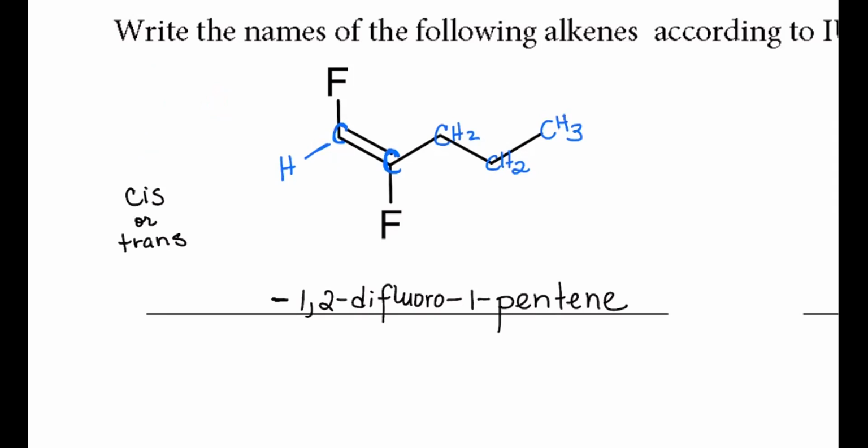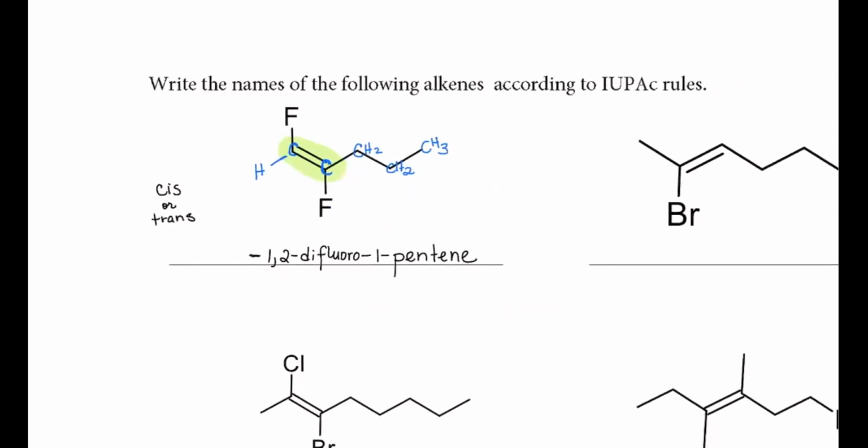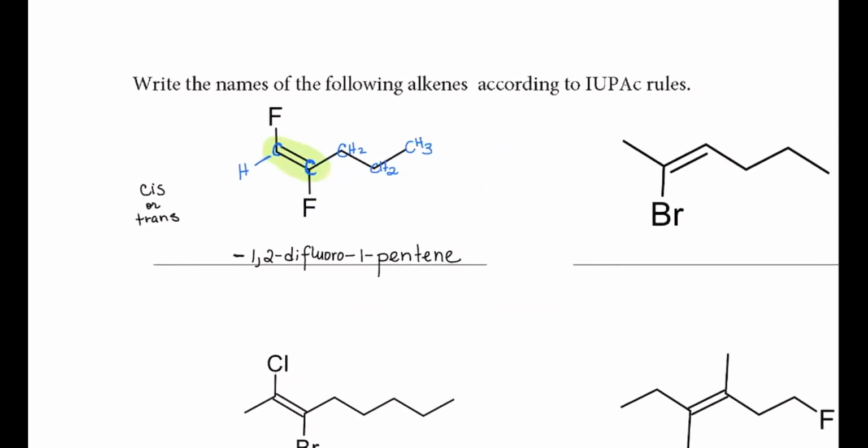So let me just highlight the carbons across the double bond, okay? And let me just make a note here on the top for determining cis versus trans.